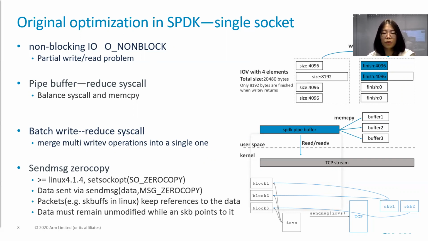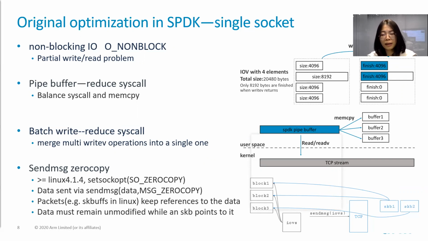But this introduces a partial read and write problem. For example, during a poll period, when the write system call returns, just a part of the data is written into the TCP buffer.